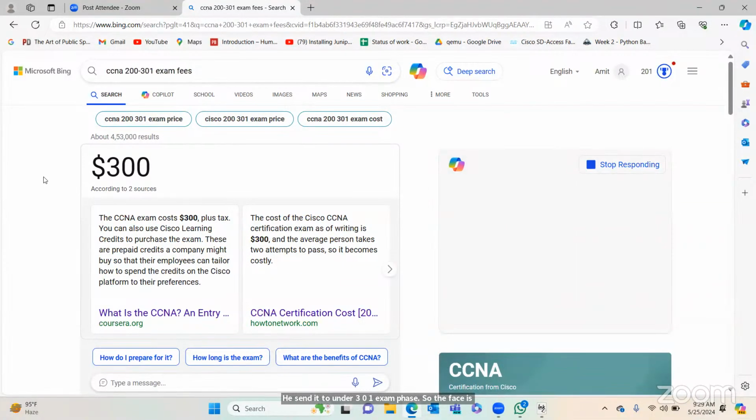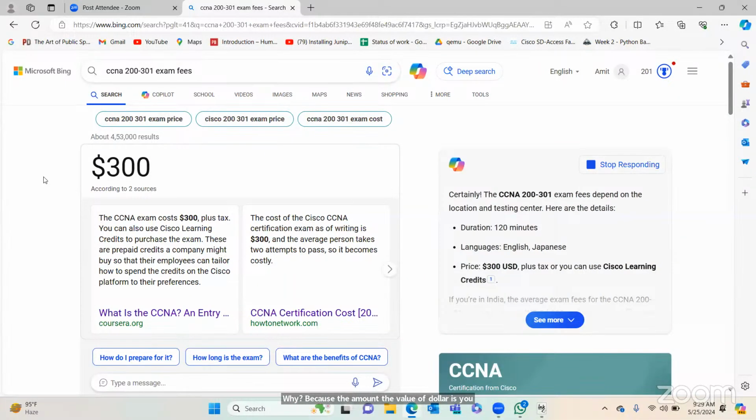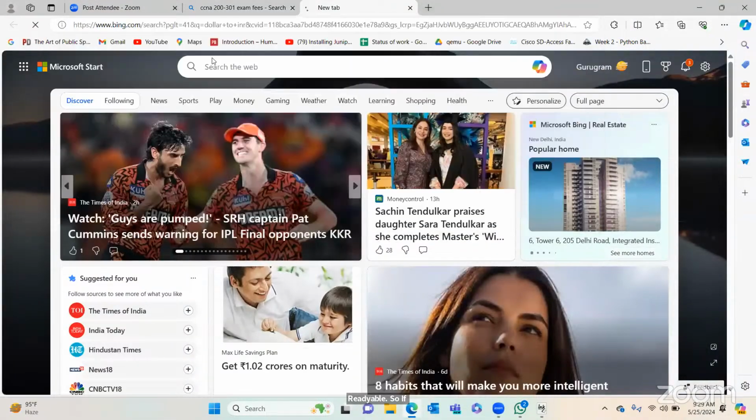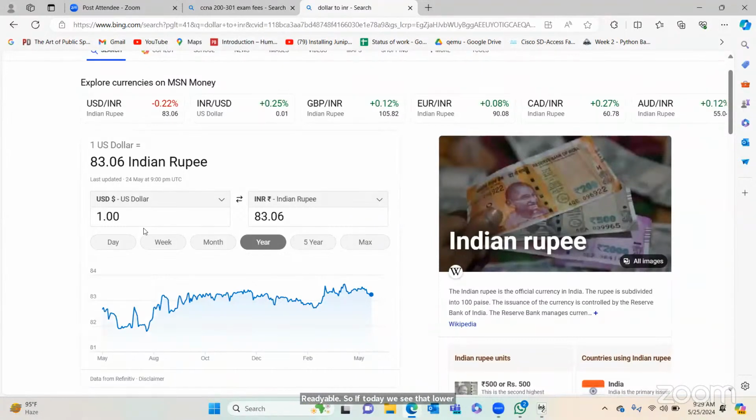Because the value of the dollar is variable. If today the dollar to INR is 83 rupees, then $300 will cost you almost 25,000 rupees just to get the certification from Cisco.